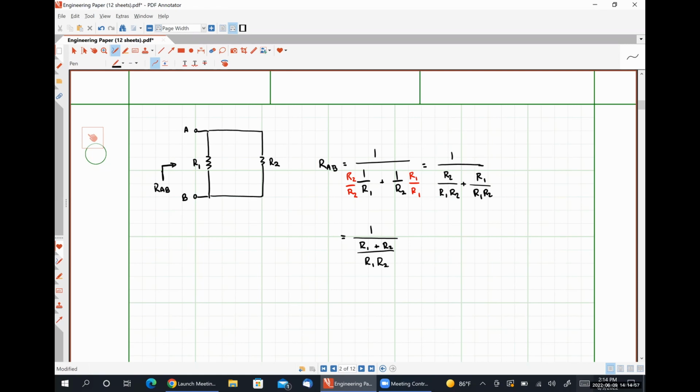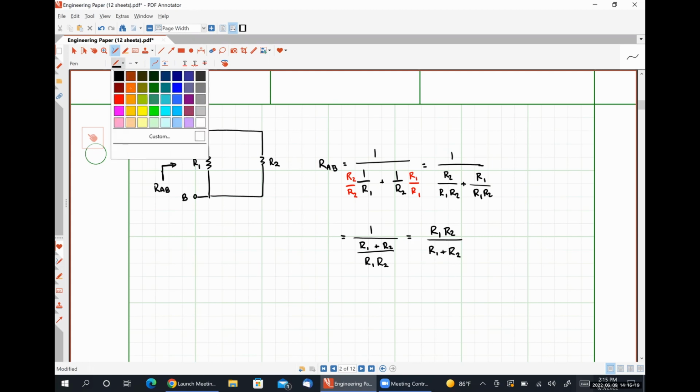And we have 1 over a fraction, so we can simply take the reciprocal of the fraction and see that the resistance seen between terminals A and B simplifies to R1 times R2 over R1 plus R2.